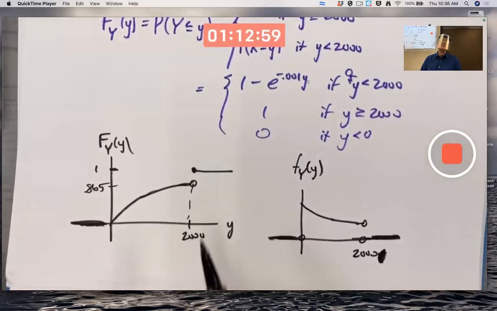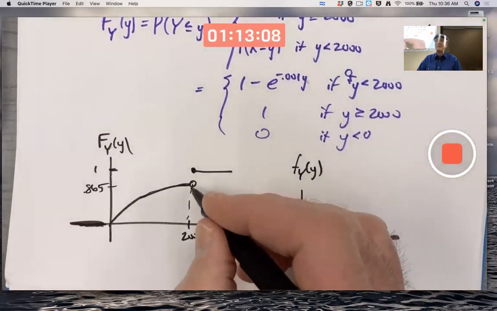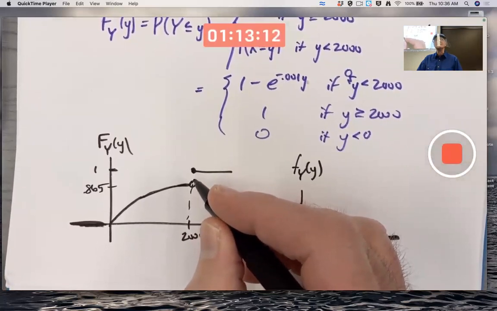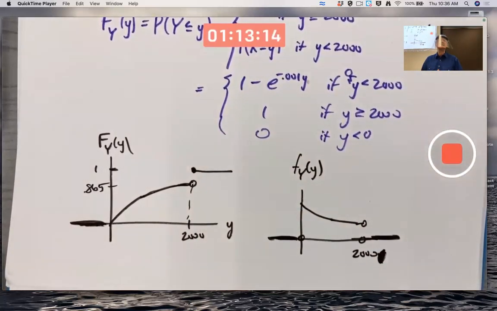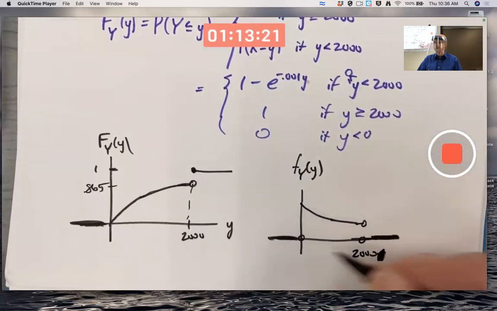However, that can be problematic in terms of the more general theory, actually. In effect, you end up saying it's infinite at 2,000. In a sense, there's an infinite jump there, infinite slope, you might say. But it's not any old infinity. It's an infinity that makes the PDF integrate to 1 when you integrate it from 0 to 2,000.